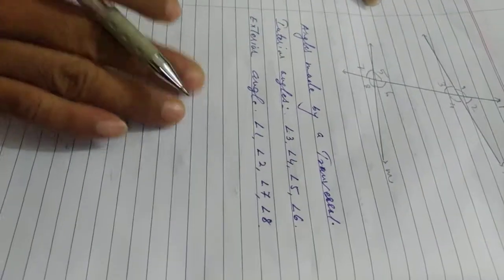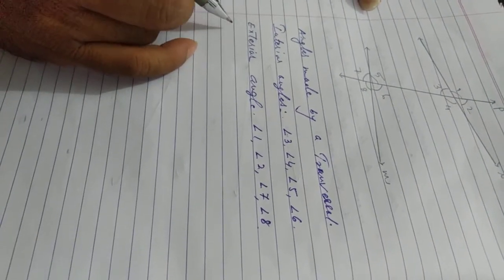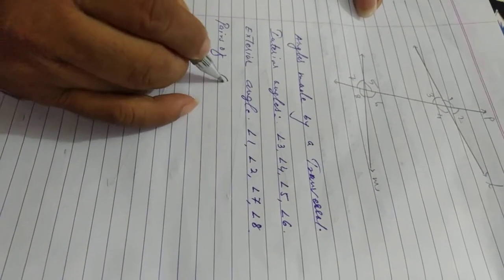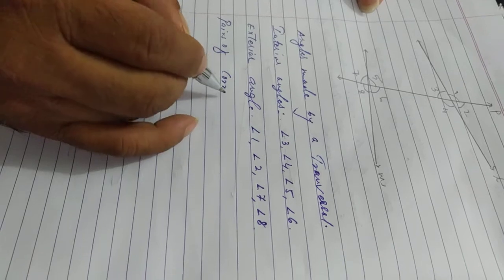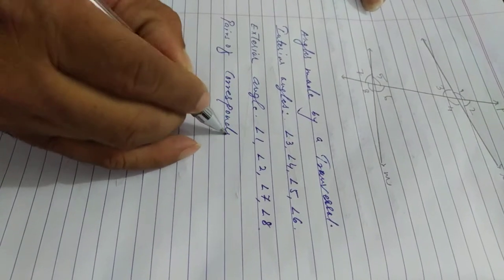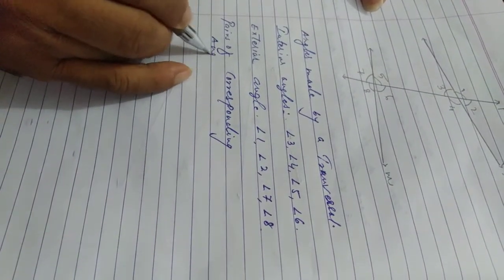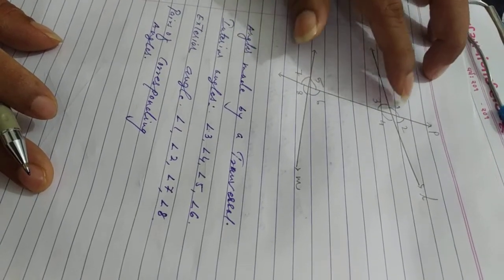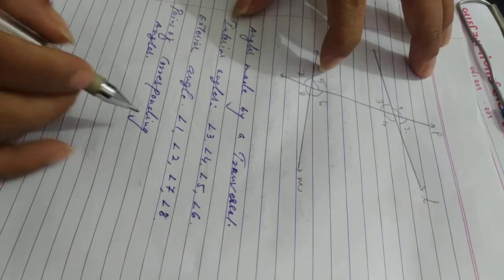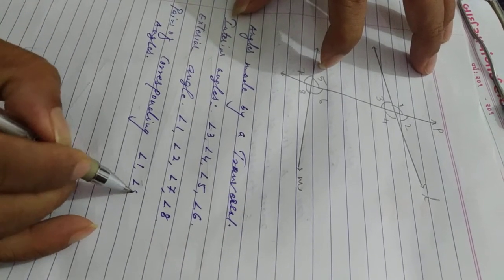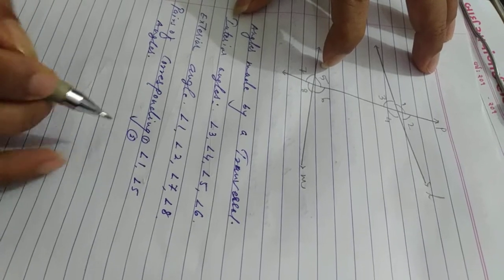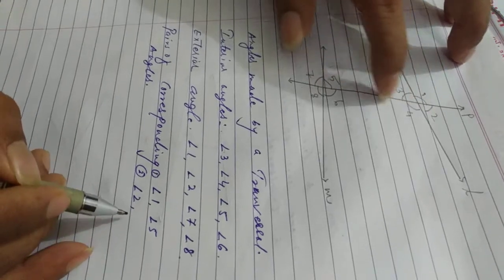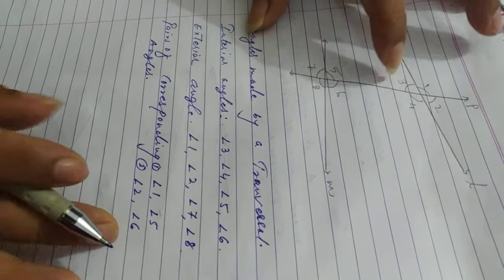Now then, pairs of corresponding angles. See here, angle 1, angle 5: one exterior, one interior. Then on another side, angle 2, angle 6.